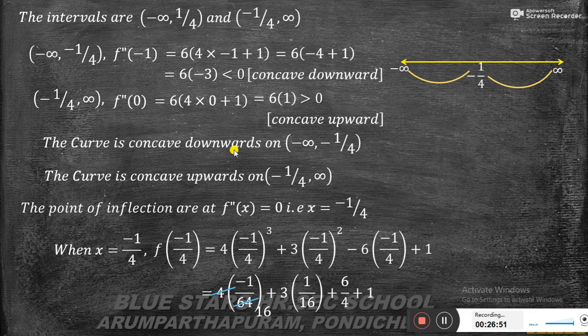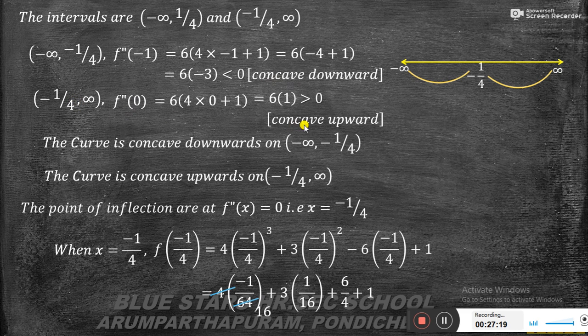Therefore the curve is concave downward on minus infinity comma minus 1 by 4, and the curve is concave upward on minus 1 by 4 comma infinity. So we substitute any value from each interval in the f double dash.